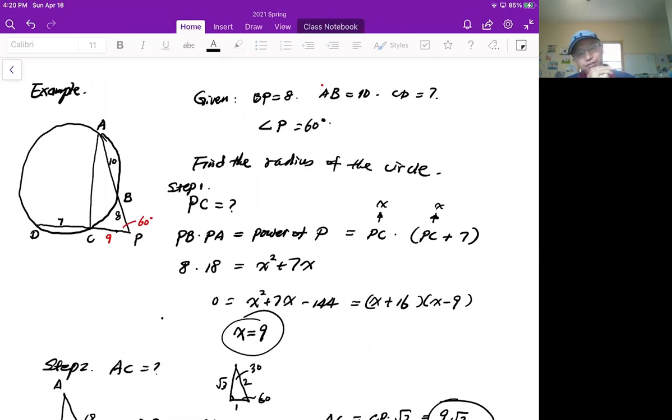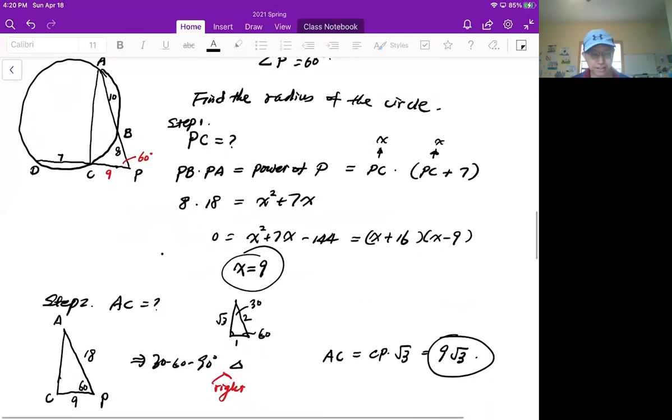And after that, you just consider this triangle. For this triangle, one side is 9, that's CP. The other side, AP, is 18. We know one side is half of the other side, and the angle between them is 60 degrees.